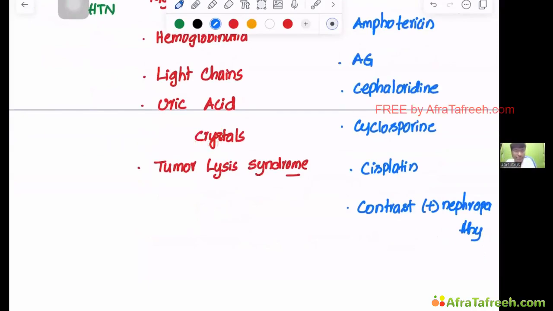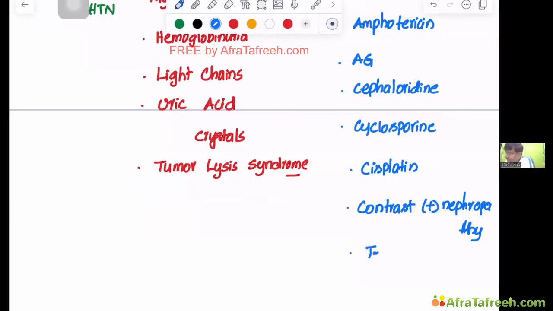When you do a coronary angiogram or you have done an angioplasty, on the second or third day you will observe that there is a spike in the creatinine. What could that suggest? That suggests contrast induced nephropathy. How do we treat it and all, I will discuss. And then we have a few more drugs which can contribute to acute tubular necrosis.